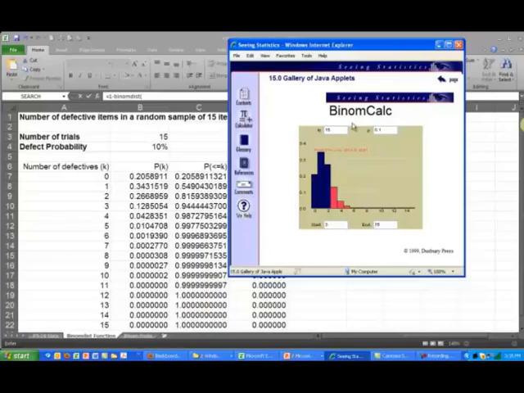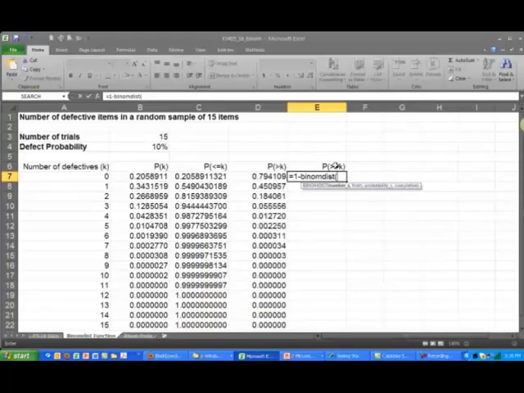So when I implement this in Excel, I'm going to say 1 minus binom dist of 2, comma n, comma p, comma 1. 1 minus the probability of being at or below 2. That's for being greater than or equal to a value of 3.